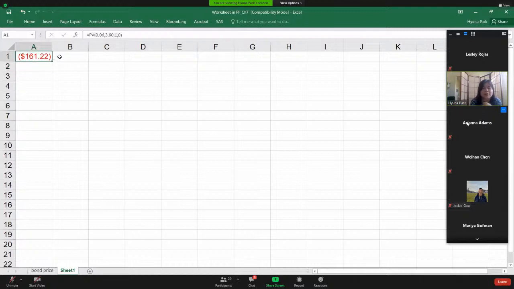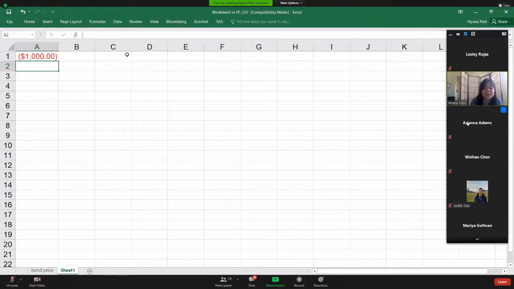Oh, what's happening? Something is wrong here. Yeah, this was entered inaccurately. The 1,000 should be the future value. So if you enter a 6% interest rate, 3 years as the number of periods, and 60 as the payment, that's 6% of $1,000.